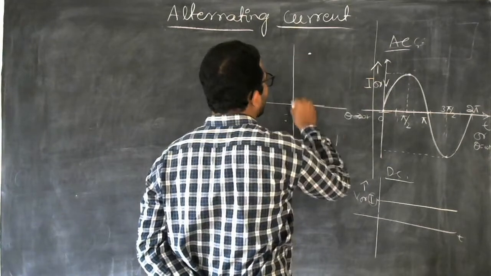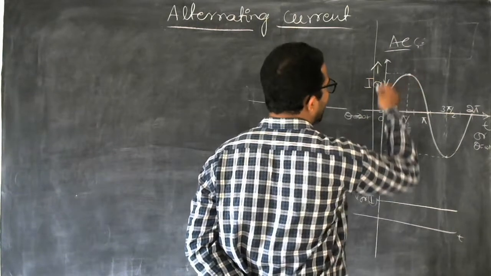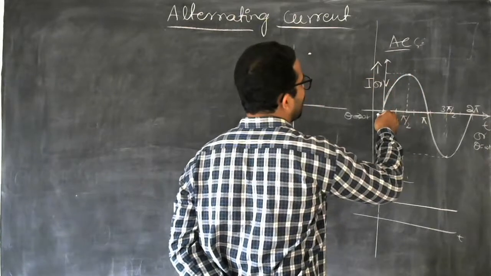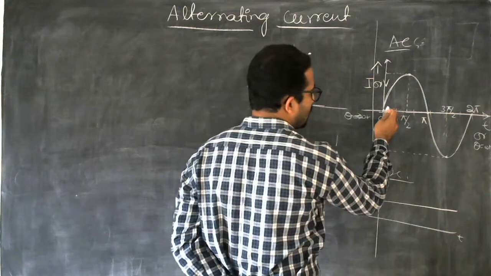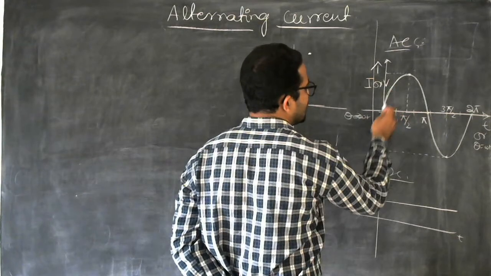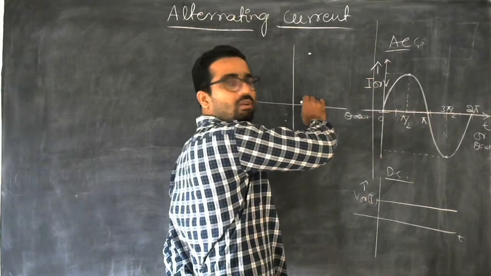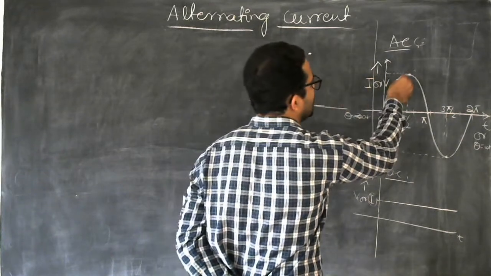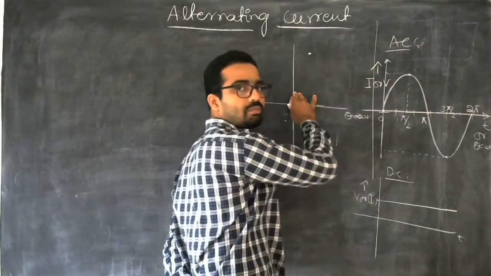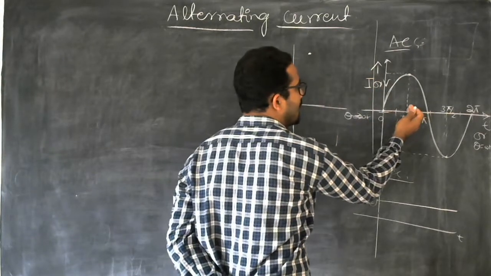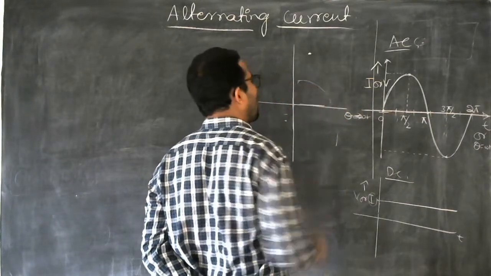For all the points on the part of the curve from 0 to 90 degrees, which will come in the first quadrant, if you take any value of v here, it should fall in the first quadrant, because the angle is from 0 to 90 degrees.